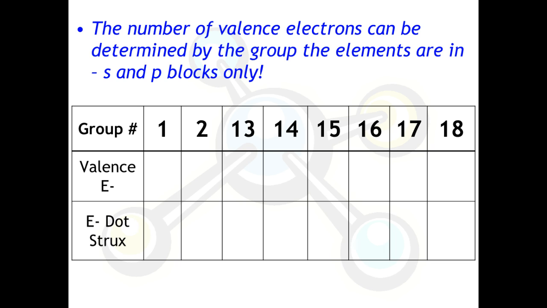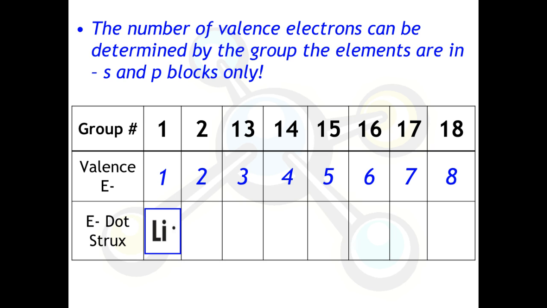We'll keep it at that. Group 1 has 1 valence electron. We should know this. Group 2 has 2. Now, if you skip to group 13, or 3A, we've called it before, that has 3 valence electrons. 4A, group 14, has 4. 15 is 5, 16 is 6, 17 is 7, and 18 is 8 valence electrons.